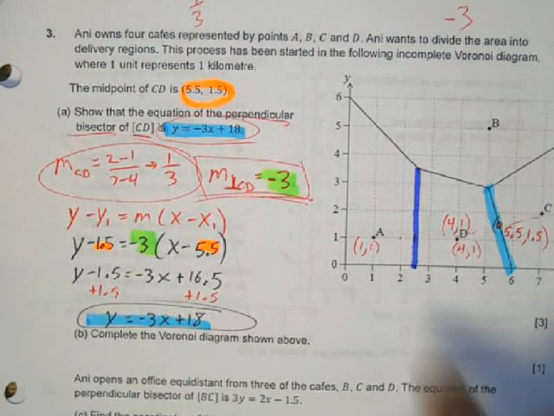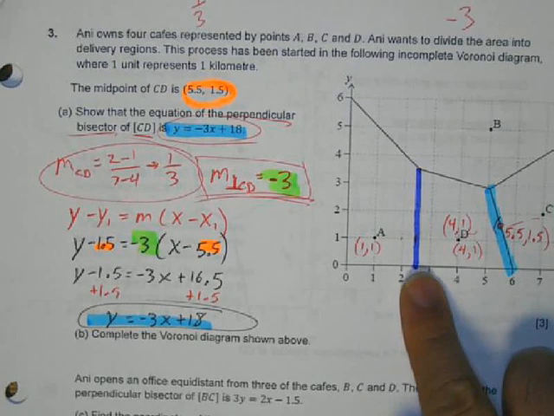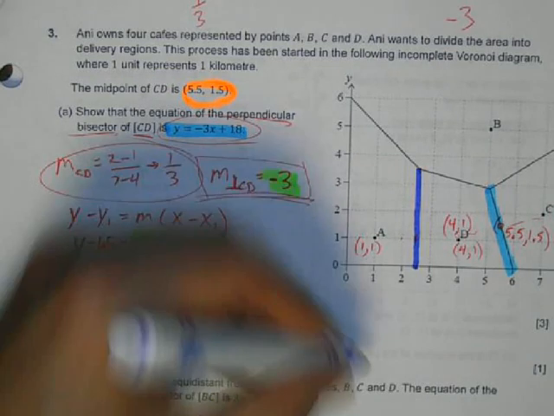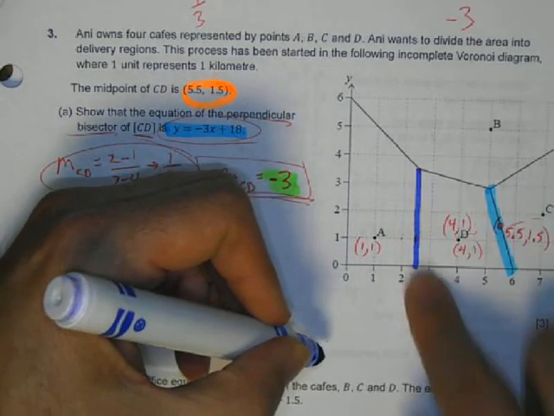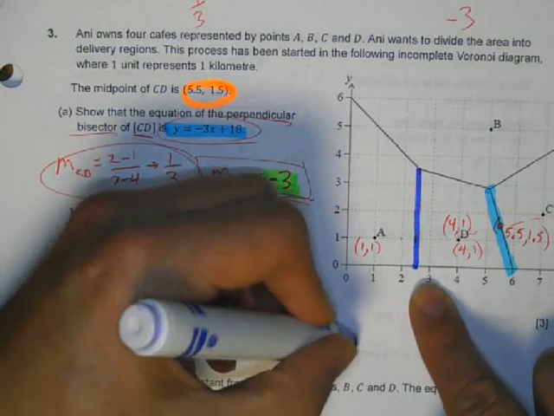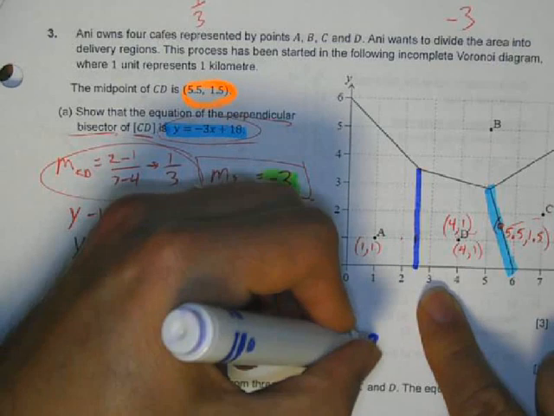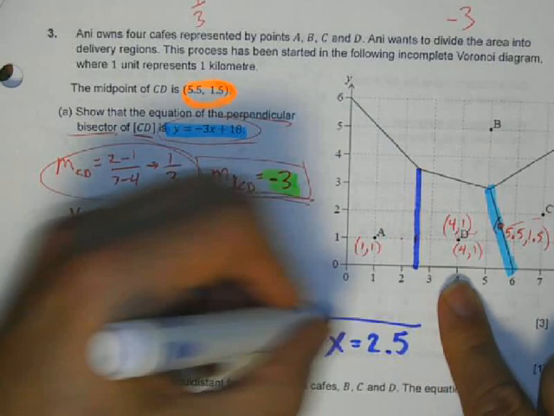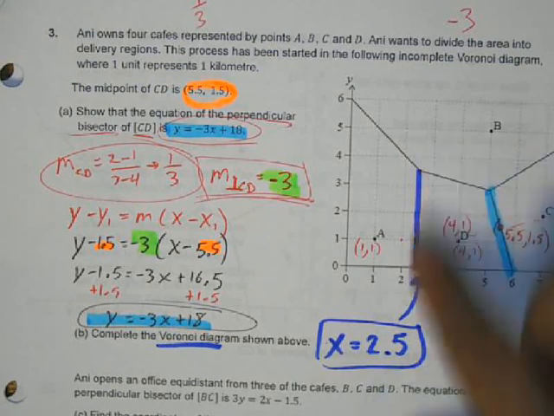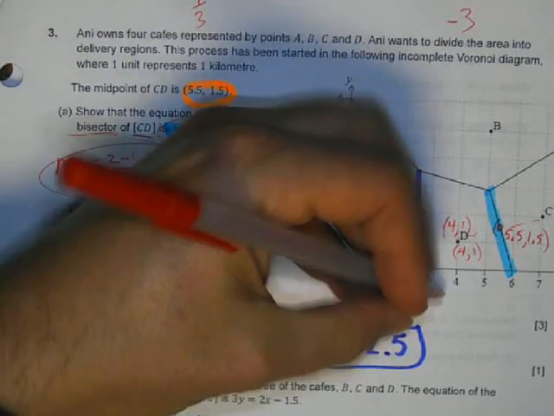Now, there are so many people who don't know what the equation of this line is. Okay, so this new line is going to be x equals 2.5. There is no y value because the slope is infinite.